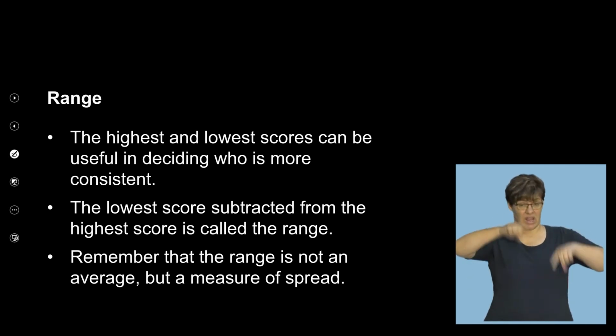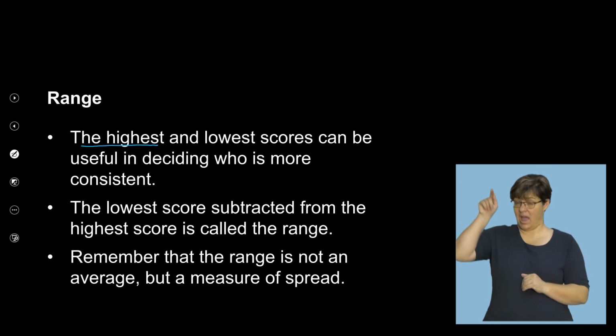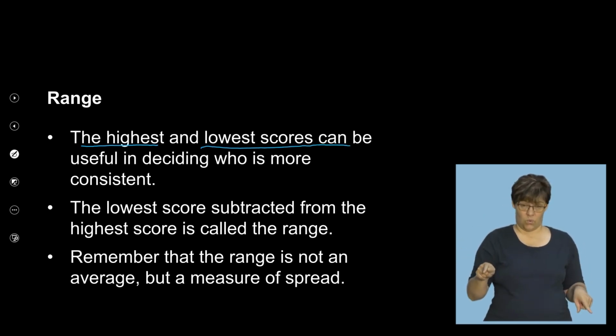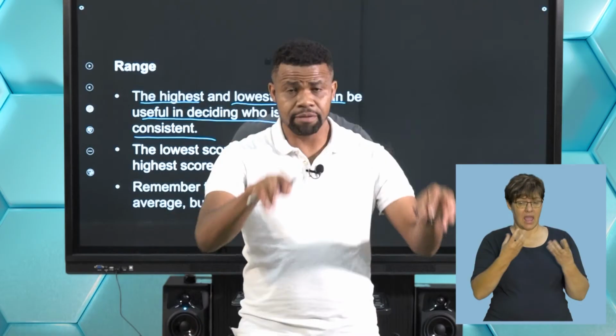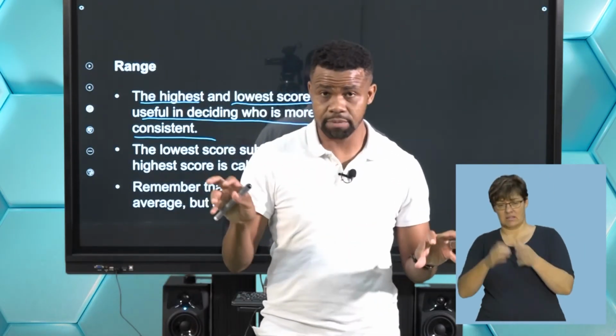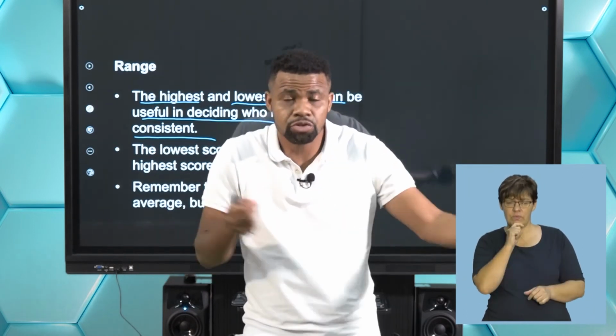So the range is the highest value minus the lowest value, and it can be useful in deciding who is more consistent. If we have the minimum value and the maximum value, we can decide who is more consistent by using the two values.